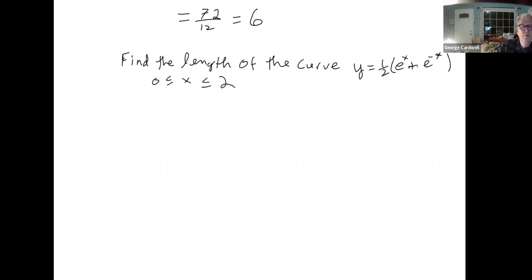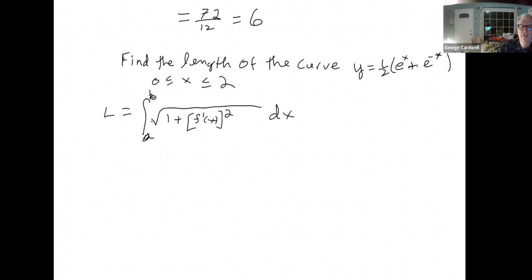So again, write the formula. I like the general formula: the integral from a to b of the square root of 1 plus f prime x, the whole thing squared, dx. So what's our f of x?